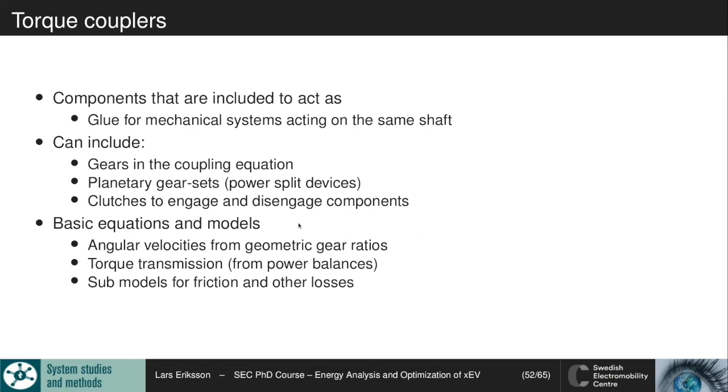And the basic equations and models are that we're keeping track of the angular velocities from geometric gear ratios, and we are looking at the torque transmission, and we're calculating the transmitted torque from the power balances. And then we add submodels for friction and gear losses or other losses.